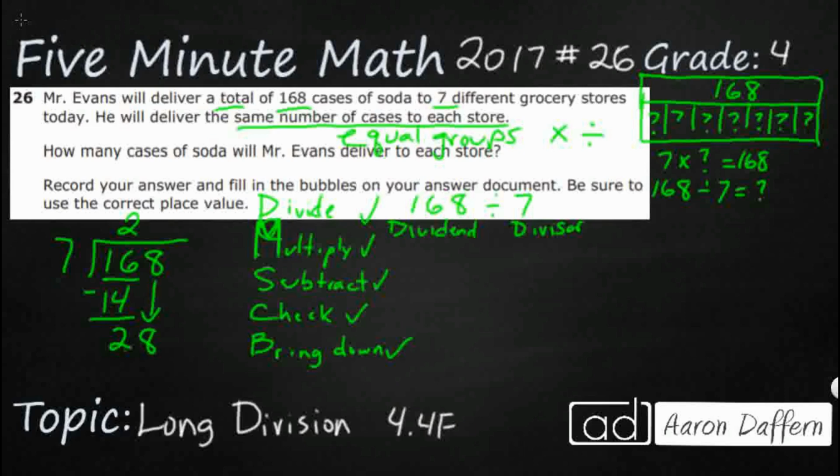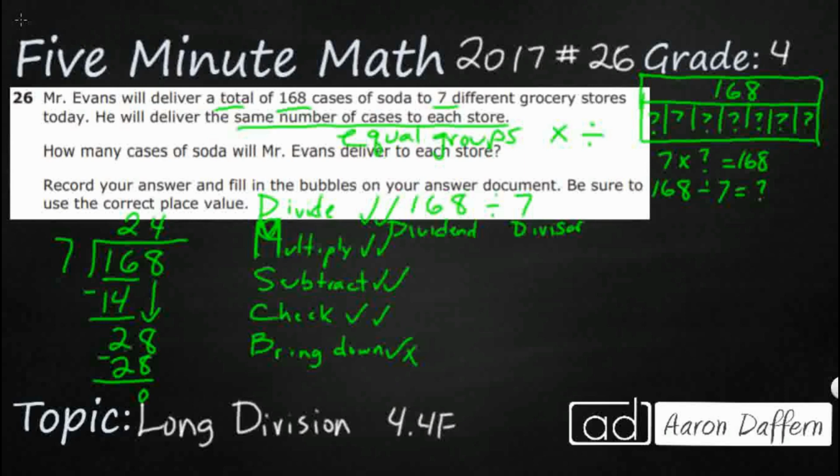That's 8. So now we start all over again. 7 goes into 28 4 times, and that's going to be a nice even multiplication, because 7 times 4 is 28. So when we subtract, there is nothing, so our check is easy. 0 is definitely smaller than 7. There's nothing to bring down, so our answer here is 24.